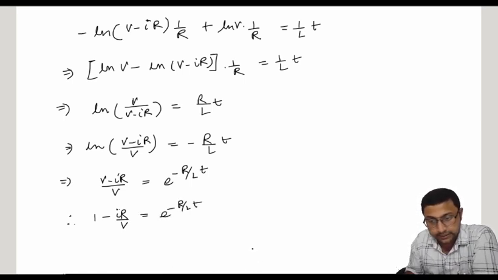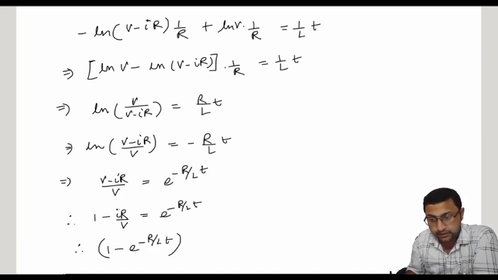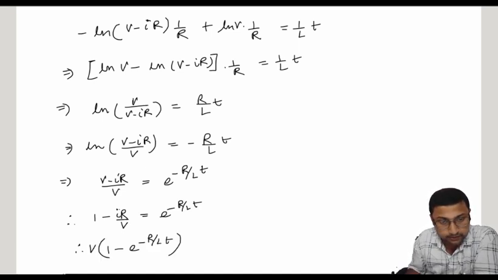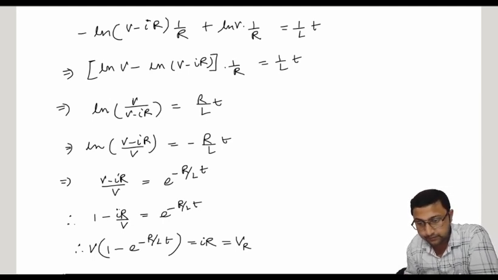If we change the position of e to the power minus R by L into t to the left side, we can write (1 minus e to the power minus R by L into t) into V, equal to I into R, that is the voltage across the resistance VR.